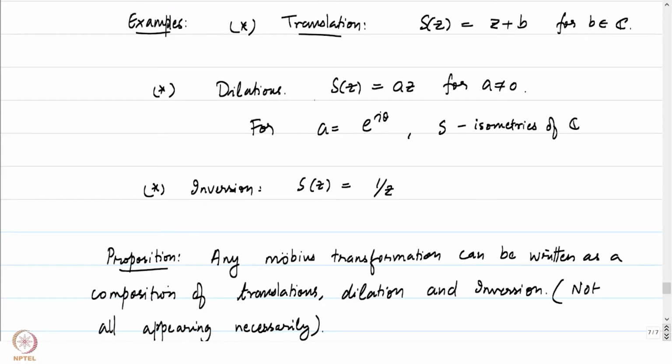Okay, how about S of z is equal to az? Now, if a is equal to 1, this is the identity map. When a is not equal to 1, z is going to be a fixed point if z is equal to 0. And we also know that the point at infinity is a fixed point here. So in this case, the fixed points will turn out to be 0 and the point at infinity.